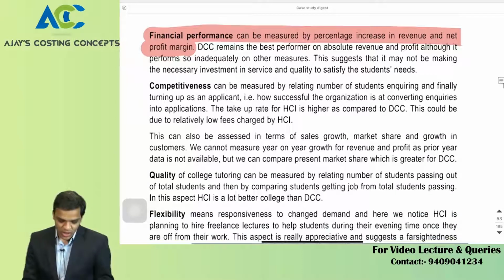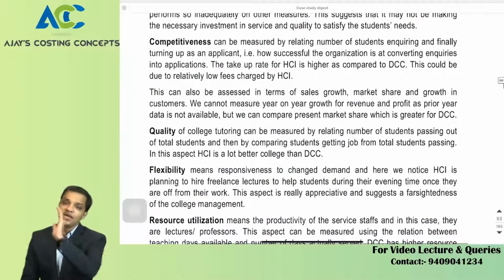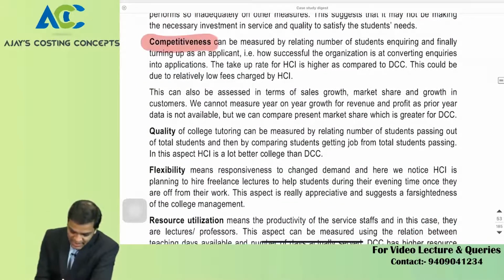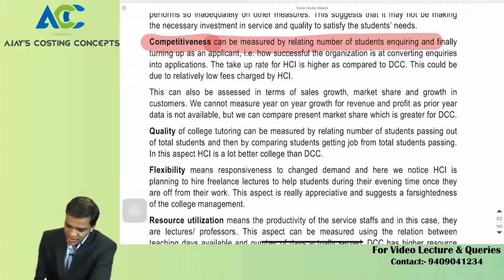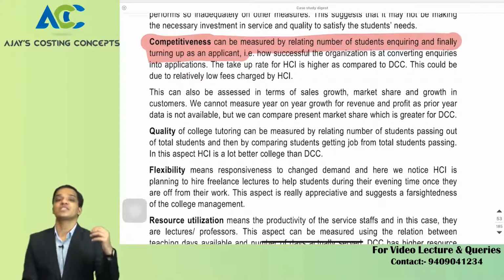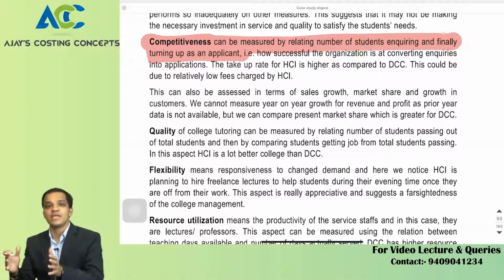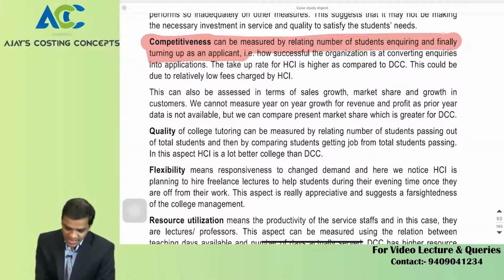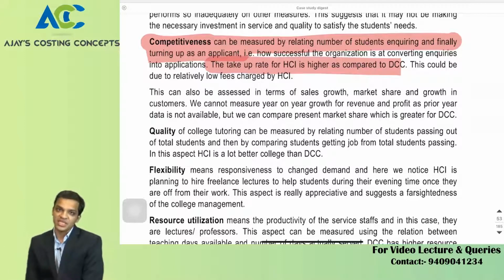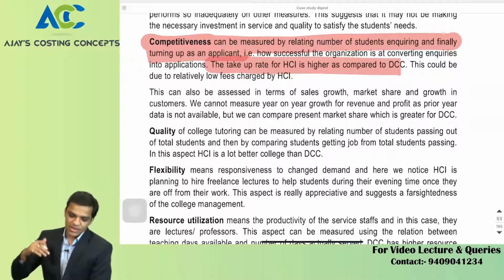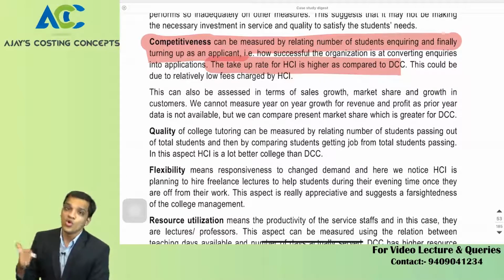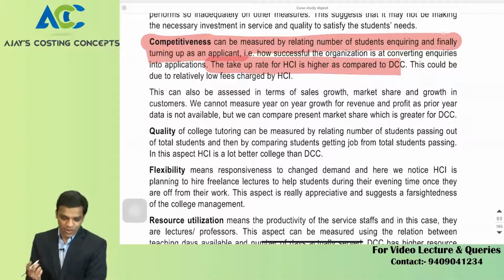When it comes to competitiveness, HCI is higher because of the number of inquiries turning into applications. How successful you are in converting your inquiries into applications or students. There HCI is higher as compared to DCC, and the reason could be the low fees charged or the services provided.